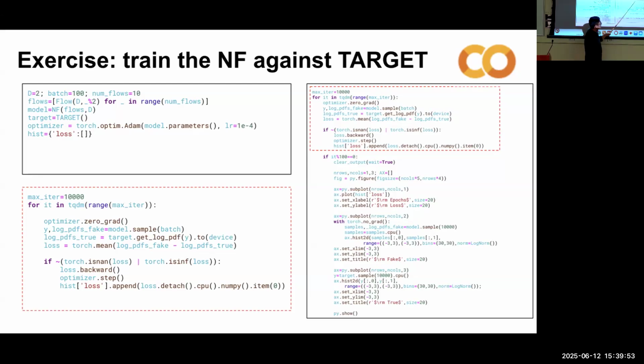And then you follow up with this part. Remember, we are going to do, let's say, 10K iterations for the training. The first step is always to wipe out the gradient, generate samples from the normalizing flow, compute the true probability, because as I said, we are working in the class where you have the true probability, and compute the loss.